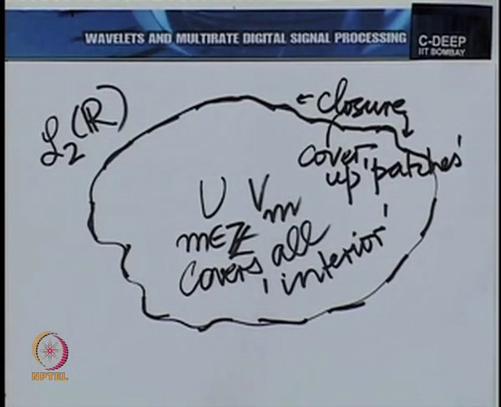Now, this is a small detail, and we need not spend too much time reflecting about this idea of closure, but to be mathematically accurate, we do need to note that it is after closure that the union over all integer m of V_m becomes L2(R).